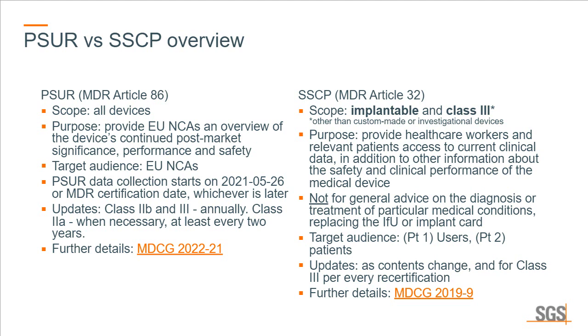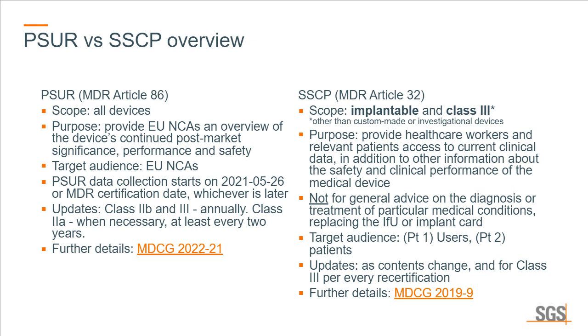There are usually 2 parts of the SSCP. One is for the users, which, if you think about implantable and class 3 devices, are typically healthcare professionals. So the language and the terminology really speaks to them. And then the second part, which talks about the patient.